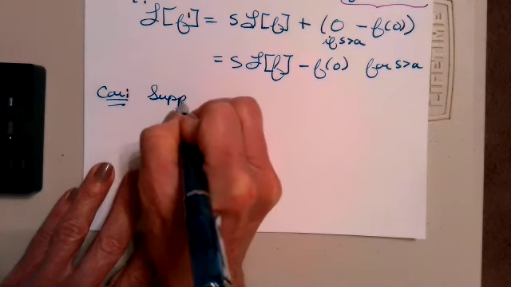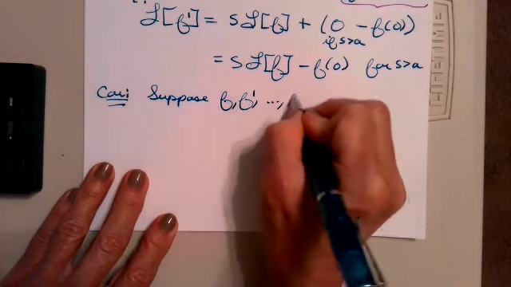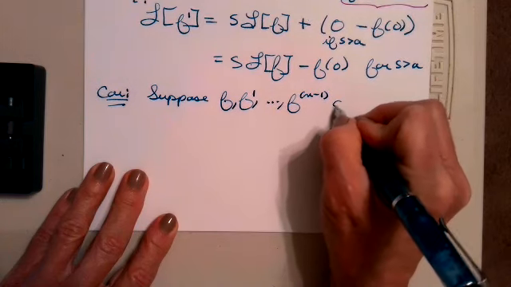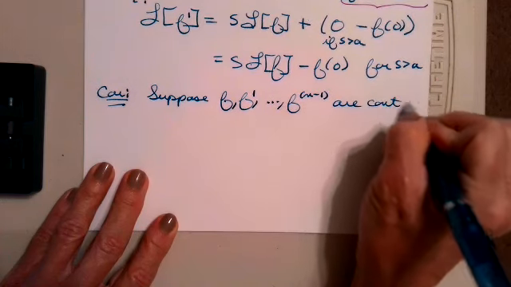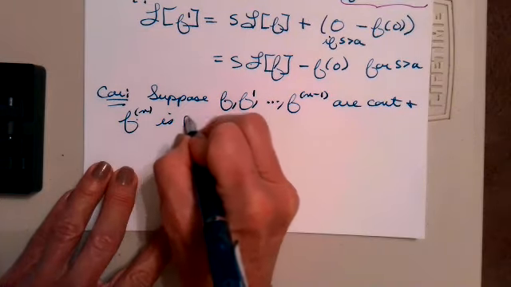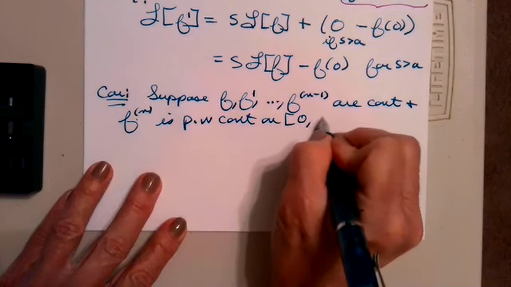Suppose f prime up to the n minus first derivative of f are continuous, and the nth derivative of f is piecewise continuous on the interval from 0 to infinity.